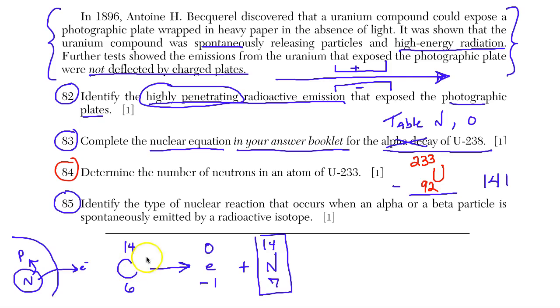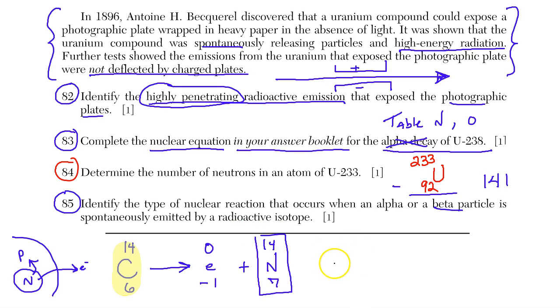So this is an example of beta particle or beta decay, but what I want you to understand is when you have one element by itself, in this case one radioisotope, emitting one particle, it gets more stable because its nucleus is unstable for a couple of different reasons: too many protons, too many neutrons, too few neutrons. All of that isn't that important, but having one reactant means that this is natural transmutation.